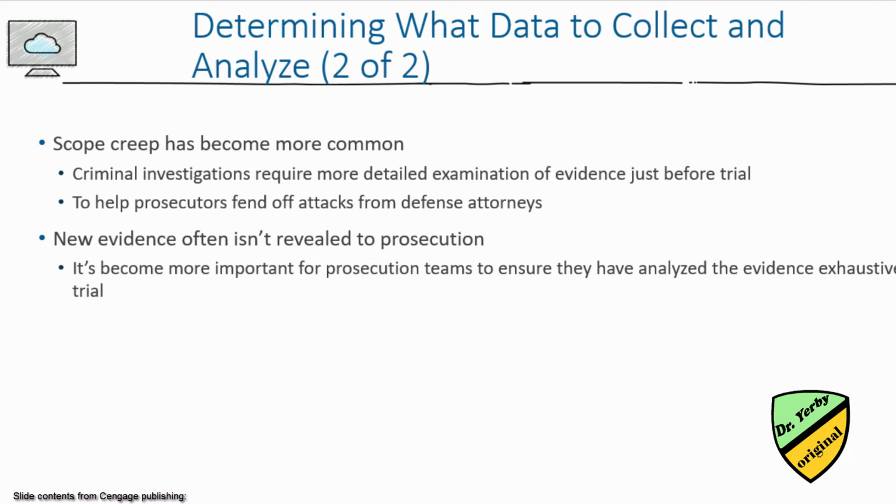They get a large amount of information that the forensic investigator may not have looked through, may not have sorted through, may not have accounted for in their forensic report.